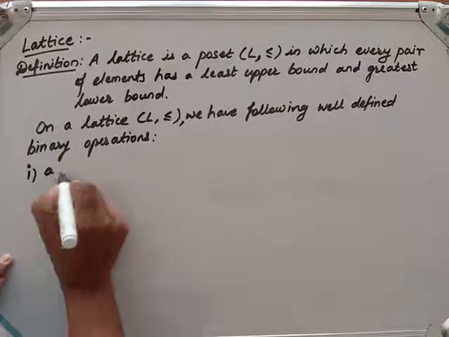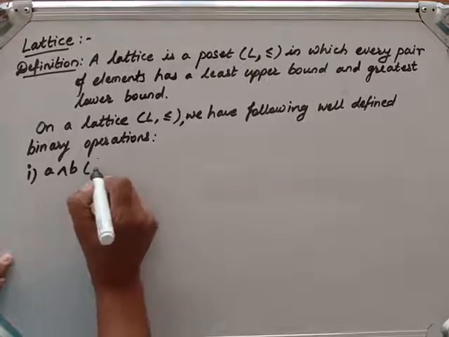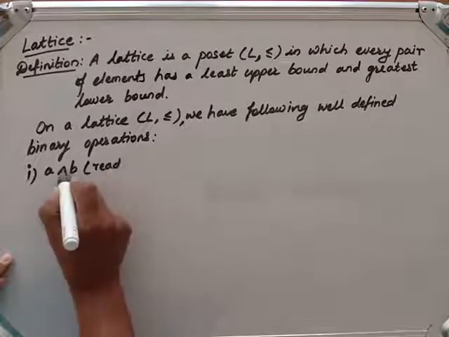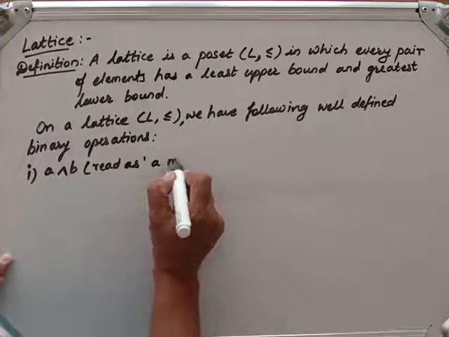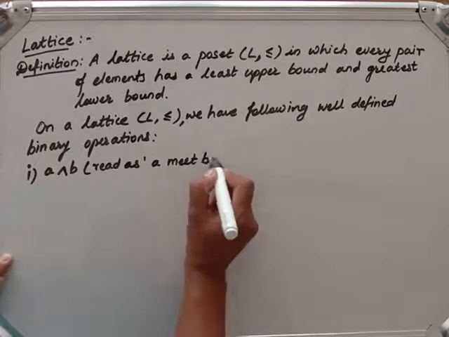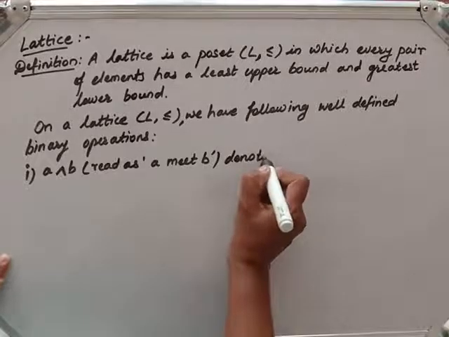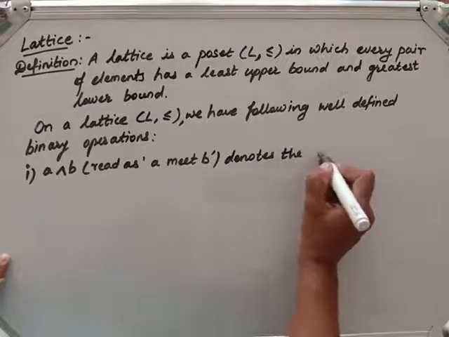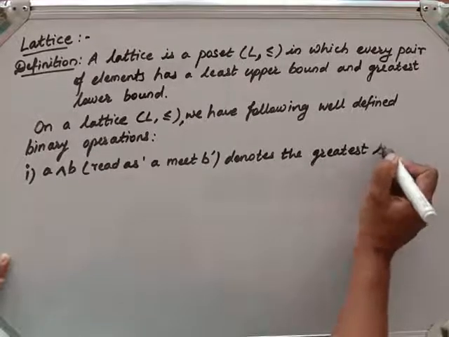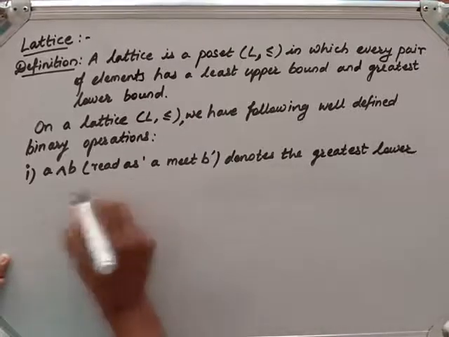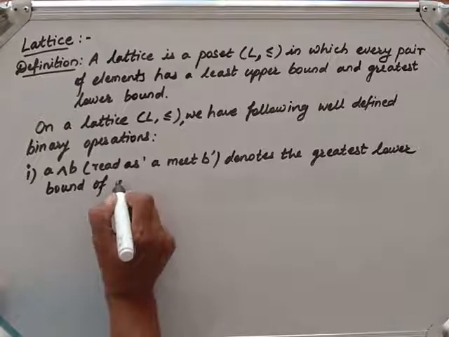The first one, A and B, which in logic we read as and, we read here as A meet B. It denotes the greatest lower bound of A and B.